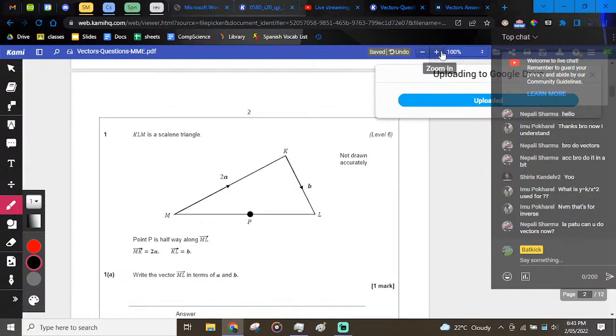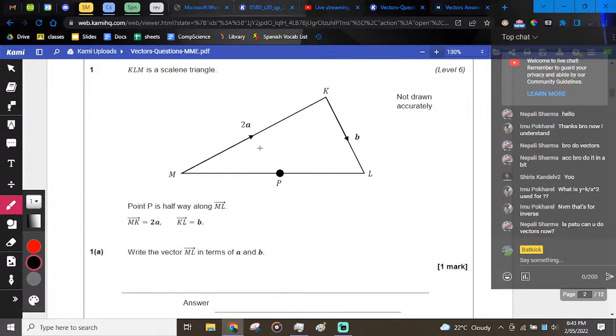This is a scalene triangle. Point P is halfway along, so these lines are equal because they're halfway. M to K is given information. Find M to L in terms of a and b. I like to visualize it like I go 2a this direction, so that's positive 2a, and b this direction, so it's positive b.